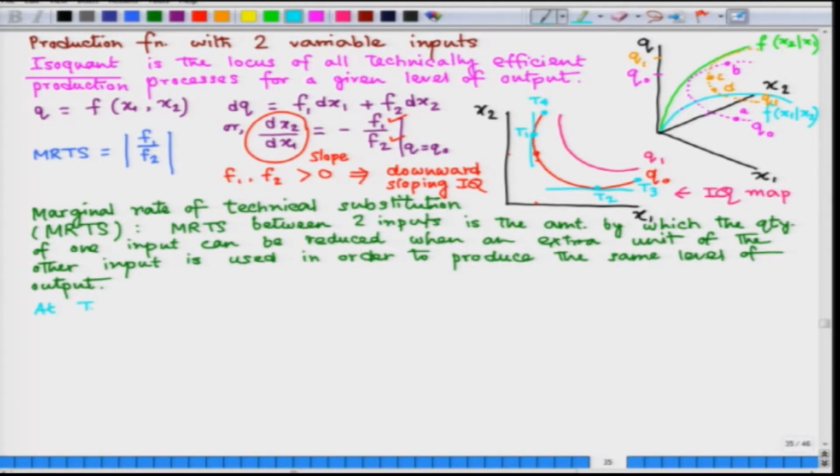So, at T1 what happens? At T1 the F2, which implies the marginal product of input 2, becomes 0, and it becomes negative to the left of T1.